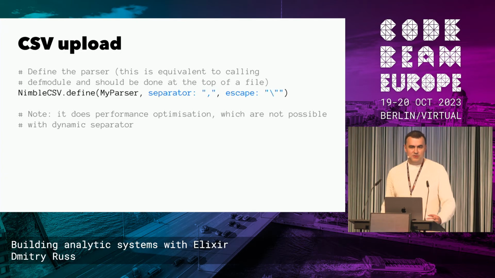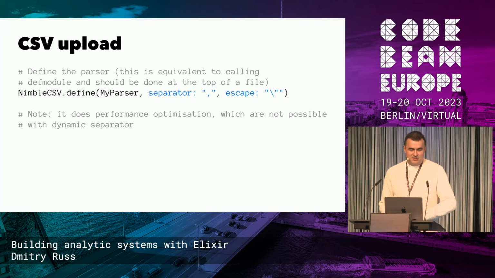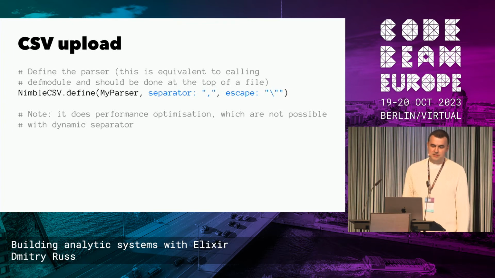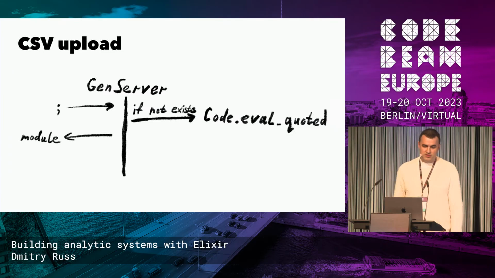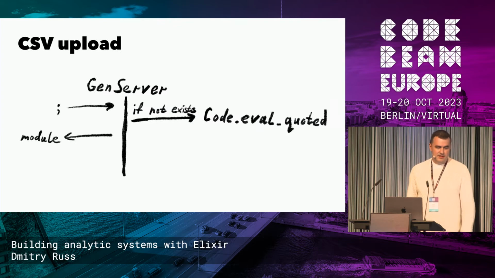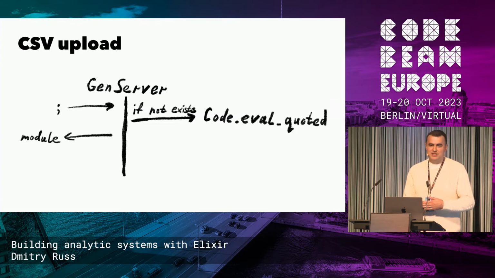I did not find it again, but I saw that somebody from the Elixir community tried to implement NimbleCSV as completely dynamic, and there were some benchmarks where some operations were twice or three times slower. So if you try to use this, most probably you will need to define the code dynamically, but it's okay in most cases because the number of delimiters used in the wild is limited.